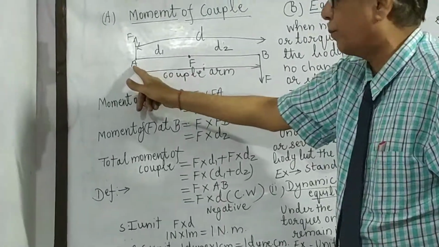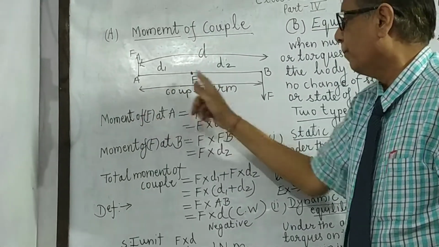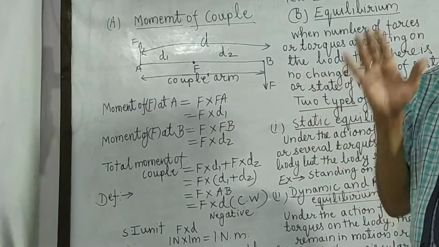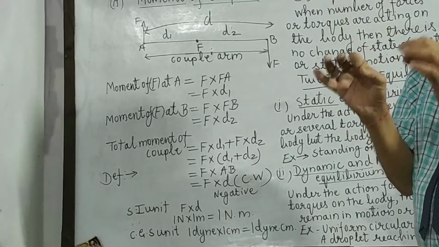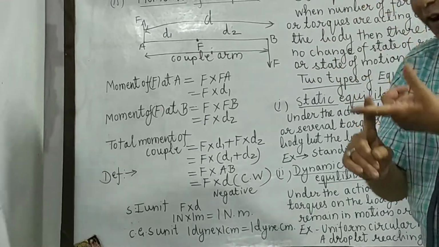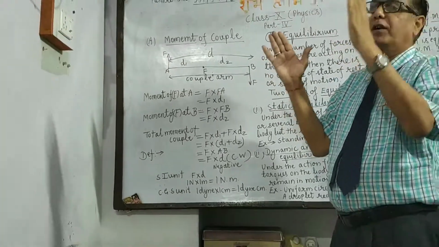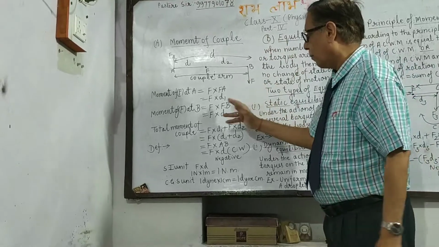This is the point of application of the first force and this is the fulcrum. So this is FA, the first moment arm. The formula for any torque or moment of force is the magnitude of the force multiplied by the perpendicular distance between that force and the fulcrum. Already I have told you about it.